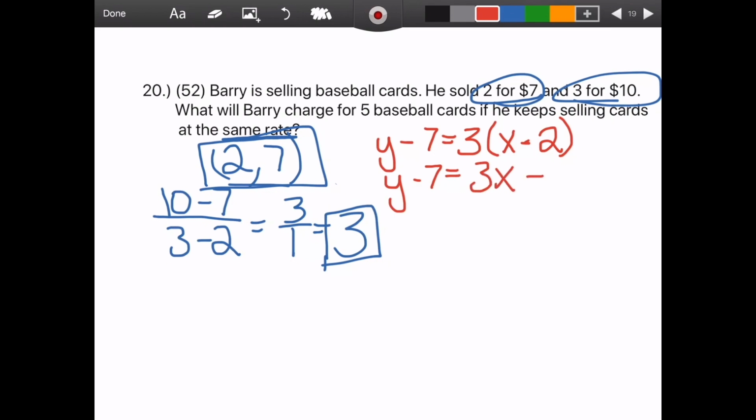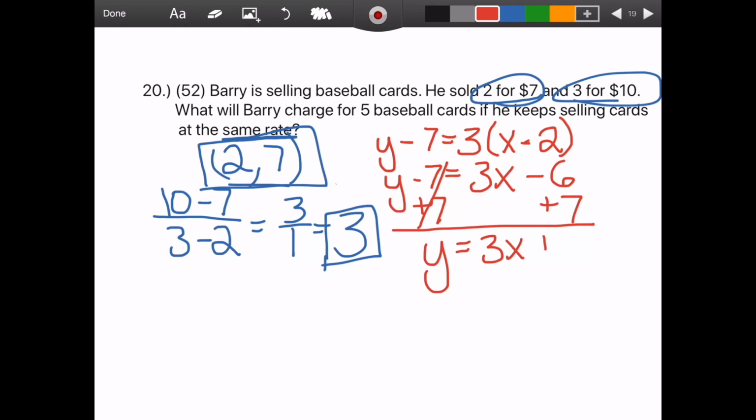So it's 3x minus 6. And then to put into slope-intercept form, we need y by itself. So that means I need to add this 7 over. So it cancels there, and I'm just left with y equals 3x plus 1. So here's an equation representing this situation.